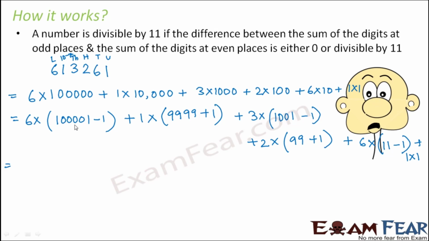Now let us remove these brackets and break the terms by the distributive property. A into B minus C can be written as A into B minus A into C. So let us do that.